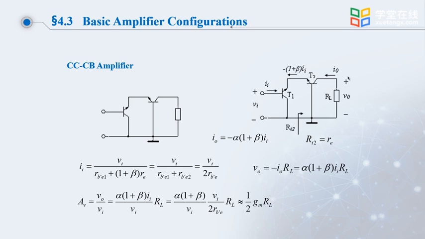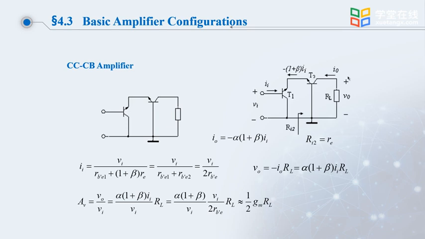Let's look at the output voltage. The output voltage expression can be written as the negative output current multiplied by the load resistance RL. At this time, the output current Io is equal to the input current amplified by the two-stage amplifier, multiplied by the current change factor, alpha times Ii multiplied by (1 plus beta). First Ii goes through the T1 tube.